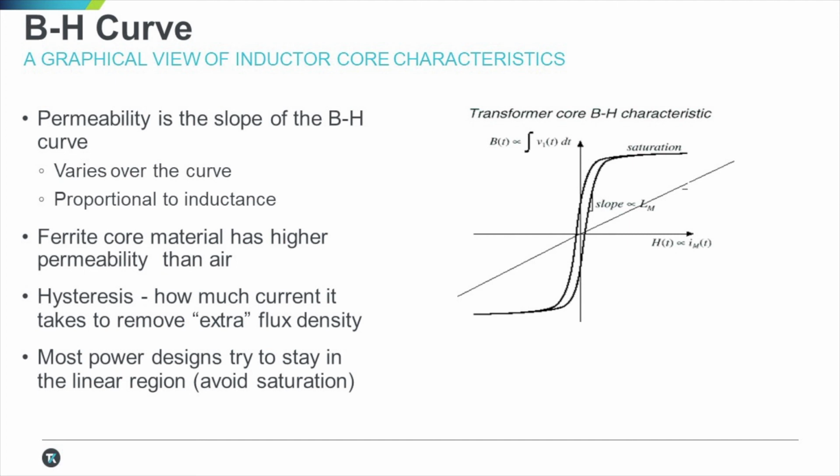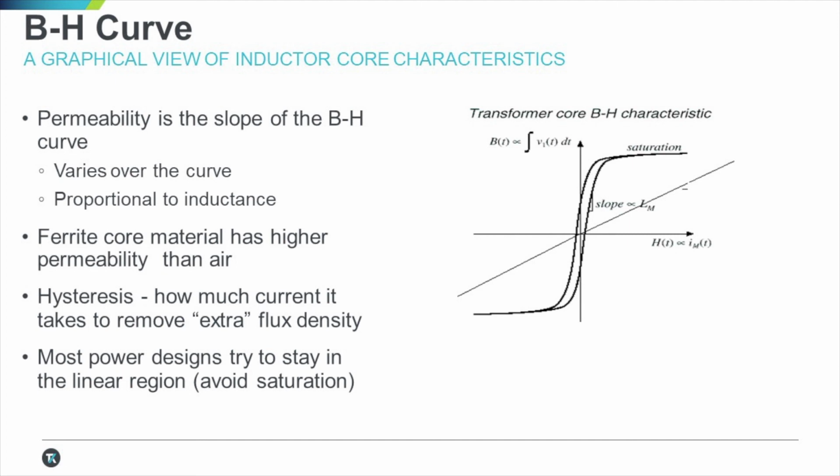Manufacturers supply BH curves for their core materials as part of their specifications. And a magnetic component is designed based on operating voltage, current, topology, and the type of power converter. Generally speaking, the goal is to avoid saturation and operate within the linear region of the BH curve.